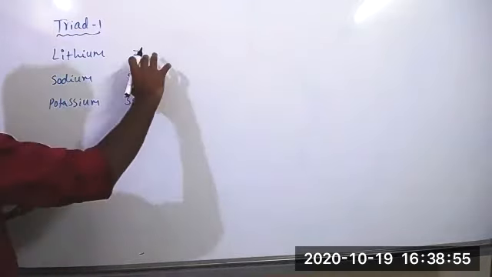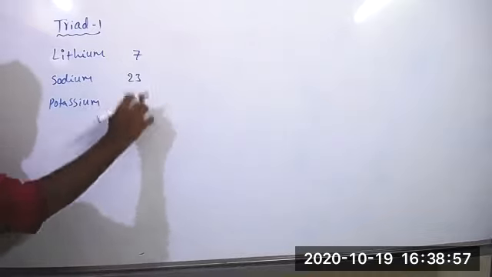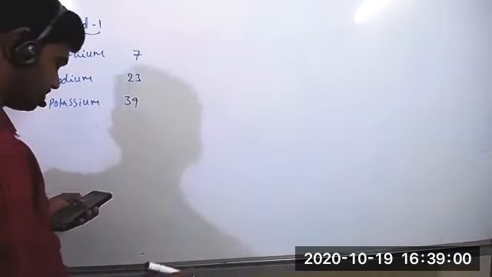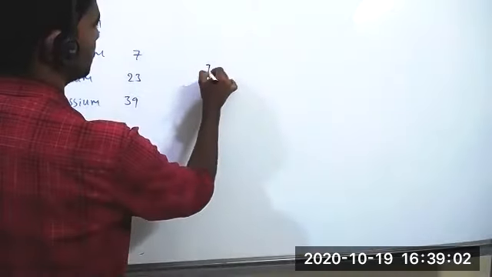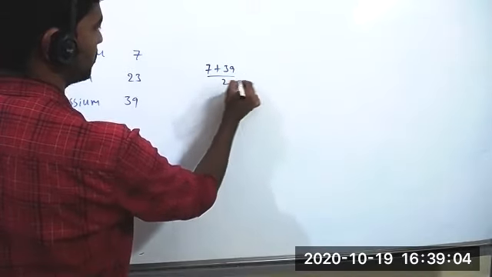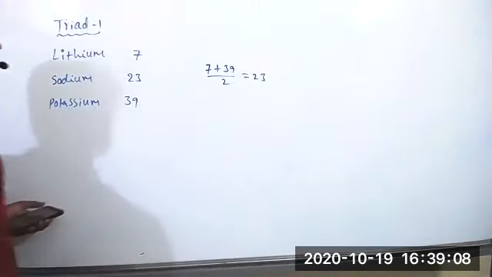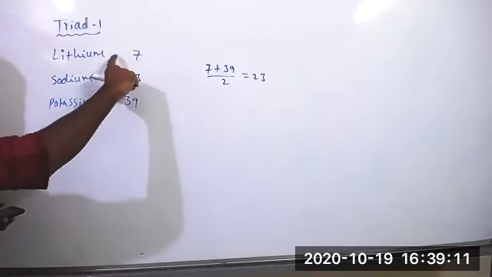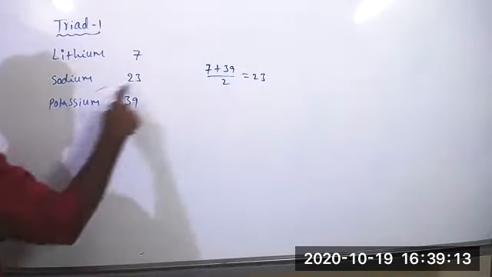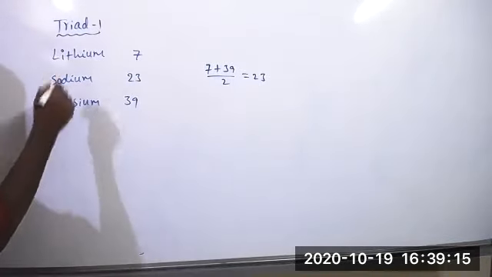First calculate the mean of lithium and potassium. It comes to 23. The mean of the other two elements is 23, the same as the atomic mass of the middle element. So this is the first triad.